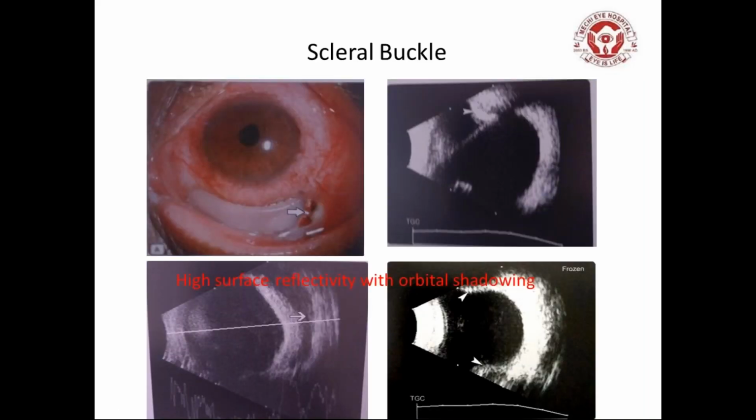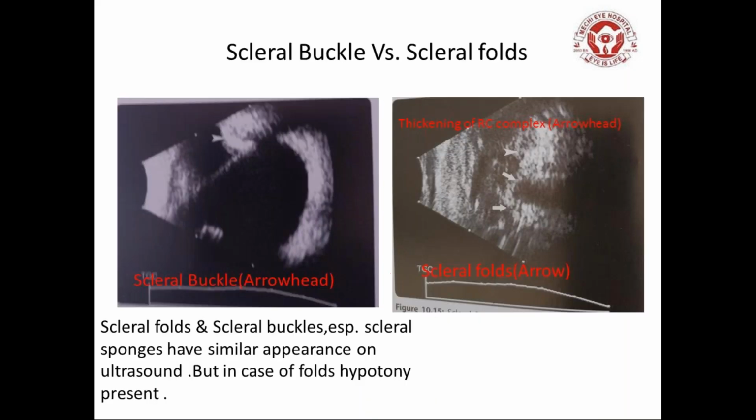In these pictures, we can see the folds and buckles look the same, but in case of scleral folds, there will be hypotony, because scleral fold happens after penetrating trauma. We can also find gross thickening of the retinal choroidal complex.